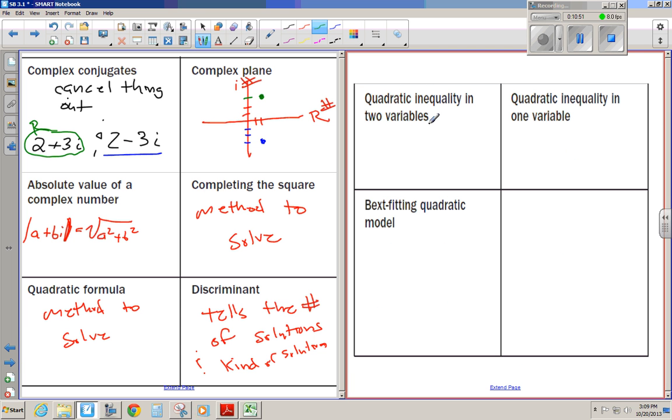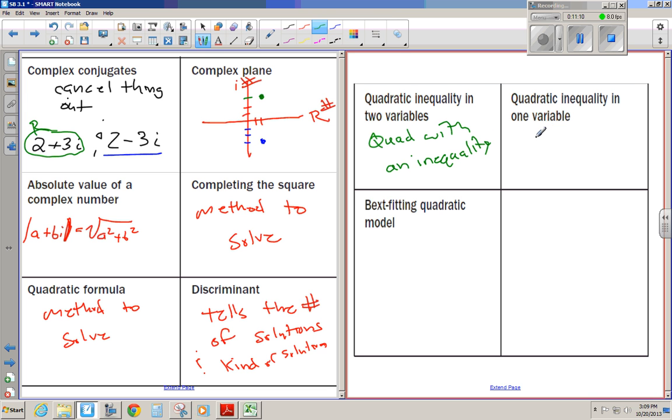All right, quadratic inequality in two variables. It's just a quad with an inequality.